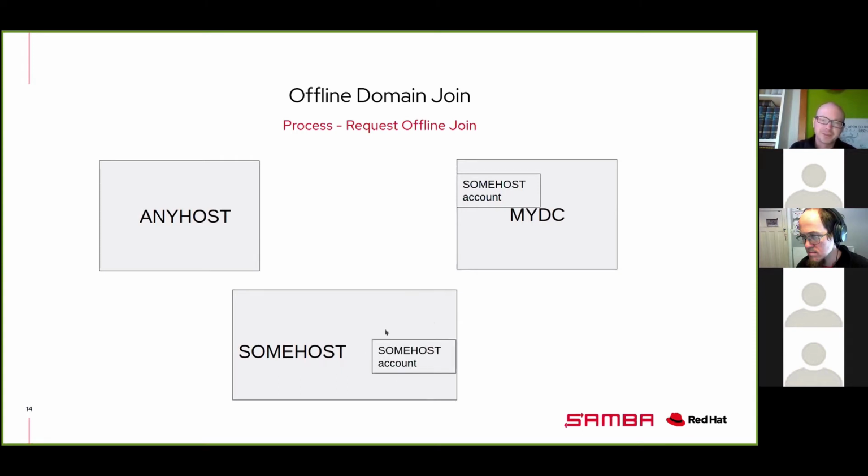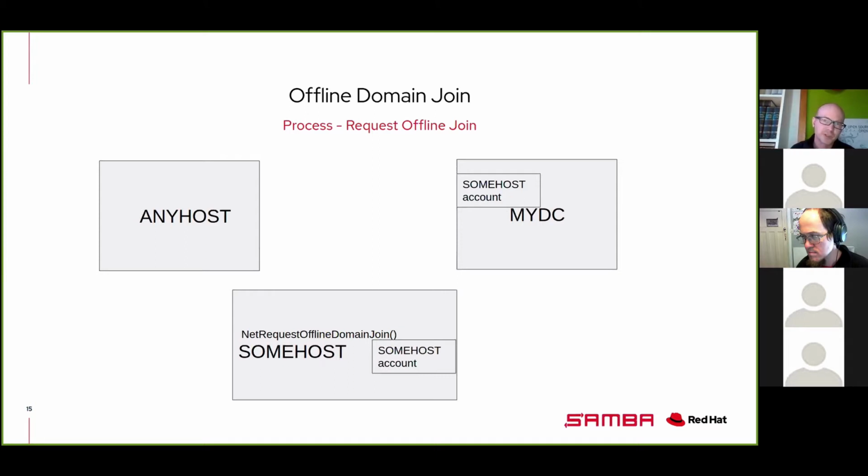Now it is transferred to samhost, and the machine here can simply call another API call called NetRequestOfflineDomainJoin, and that will basically establish the trust relationship between samhost and the domain controller by storing all that account information locally on this machine called samhost. So the steps are really completely separated.